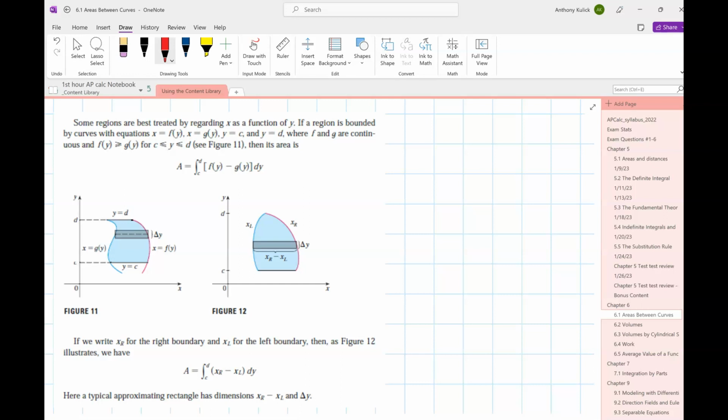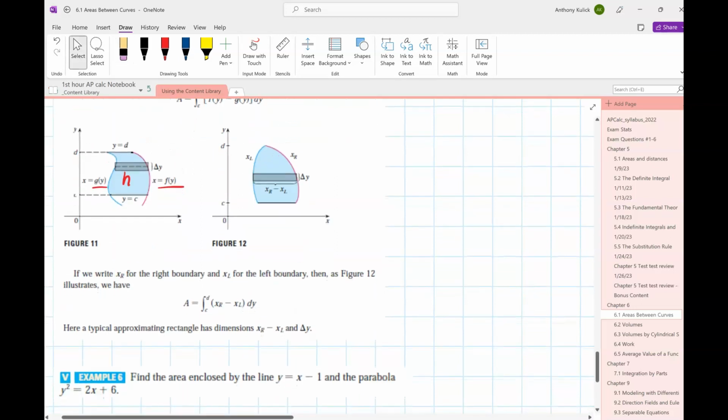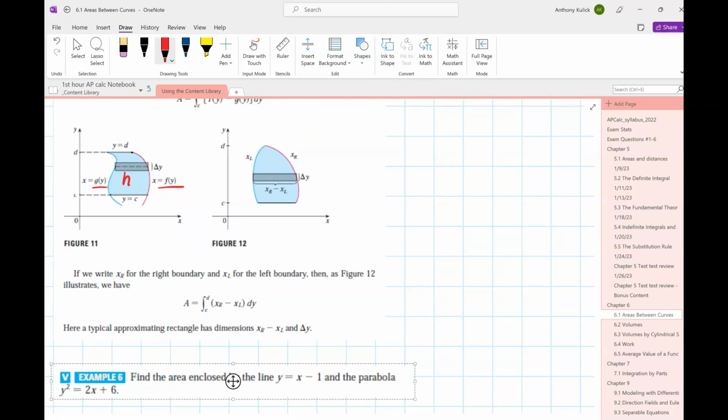In that case, just the height is the function on the right minus the function on the left, and then the width of our rectangle is delta y, or dy. So it's just going to be the same basic idea, just we have y's instead of x's.